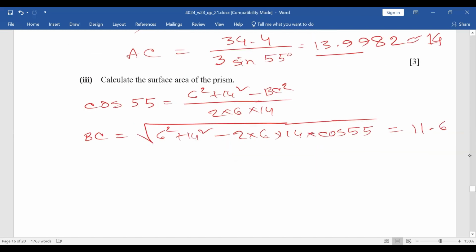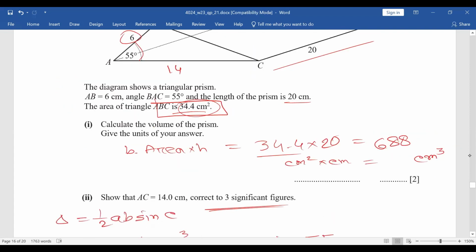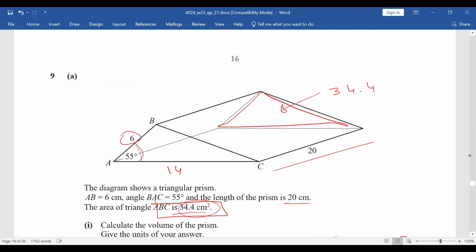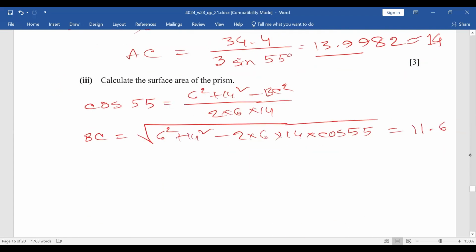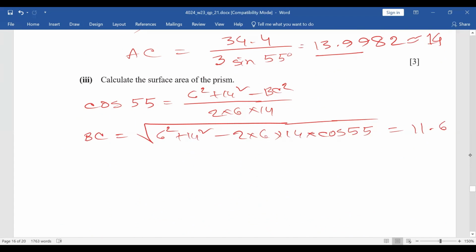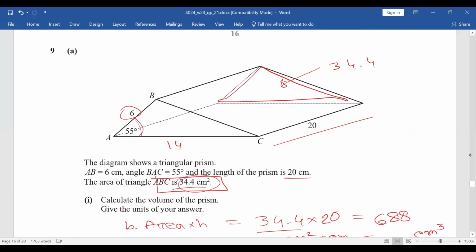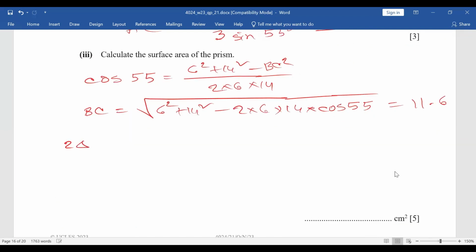Okay. So there are 3 rectangular surfaces: 6 by 14, 14 by 20, and 11.6 by 20. If we take the perimeter of the triangular base ABC and multiply by the length, we'll get the surface area of these 3 rectangles. So 2 triangles plus 3 rectangles.